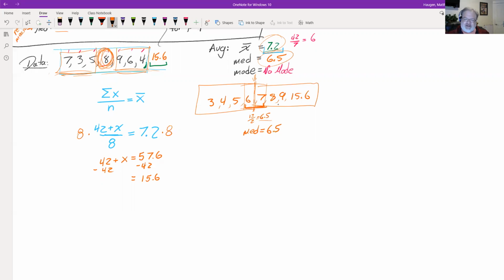But it's perfectly fine for averages of both types to not be values in your set of data. The only counterexample to that is mode, because mode is the data point that happens most commonly. It has to be an actual data point. But that's one of the reasons we often don't have a mode.